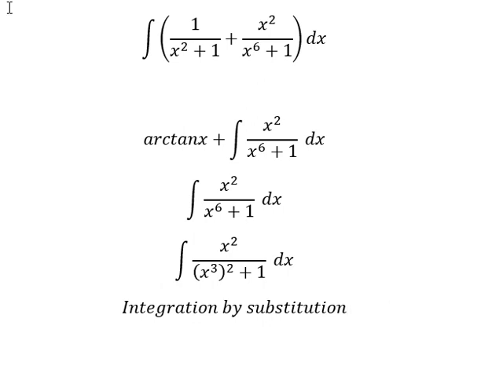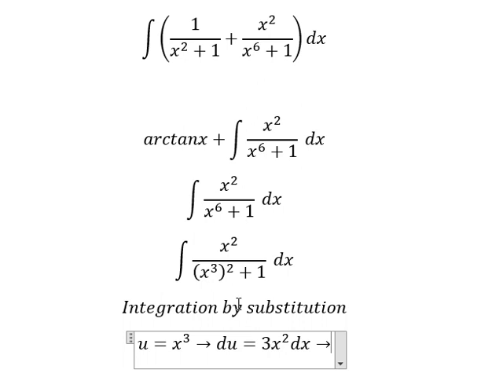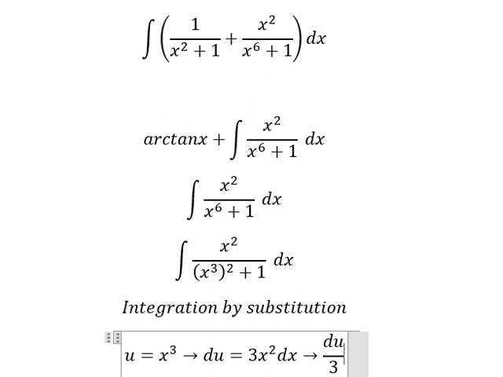I will put u equals x to the power of 3. Later, we first need to take the derivative of both sides, and we have 3x squared dx. Because we don't have the number 3 in here, we need to divide both sides by 3.